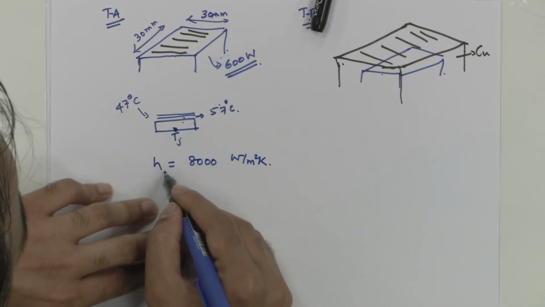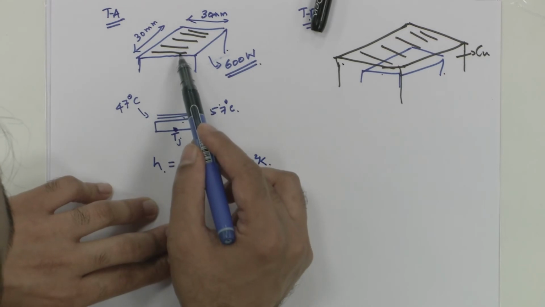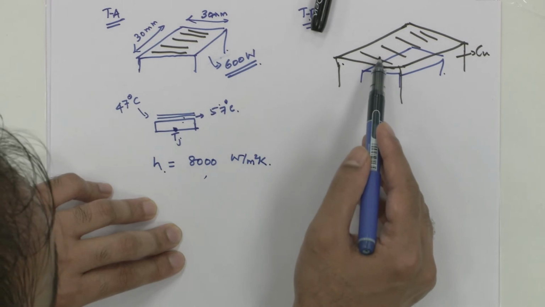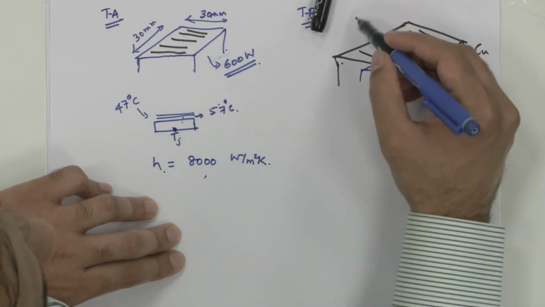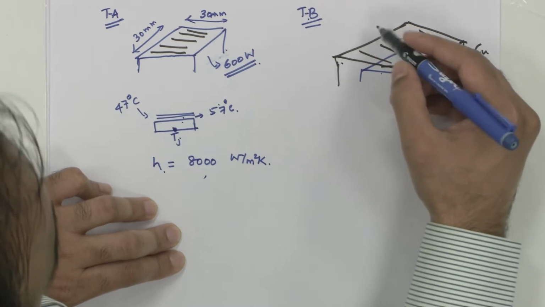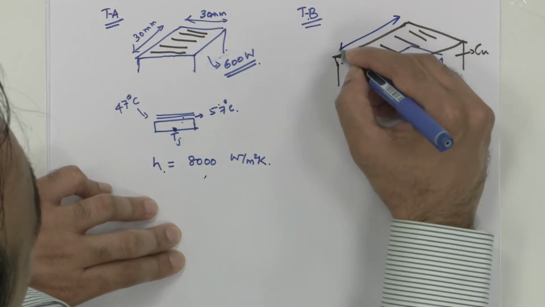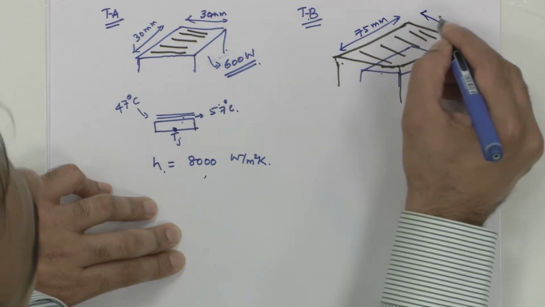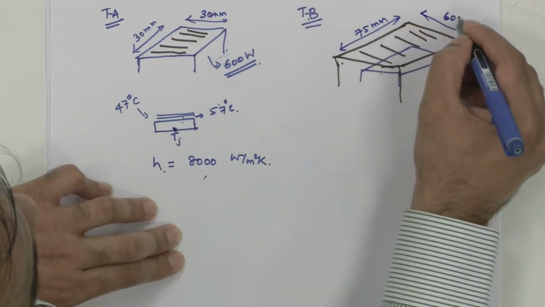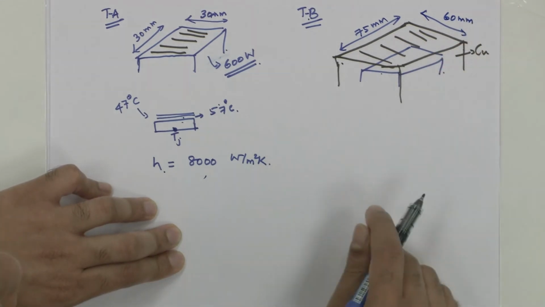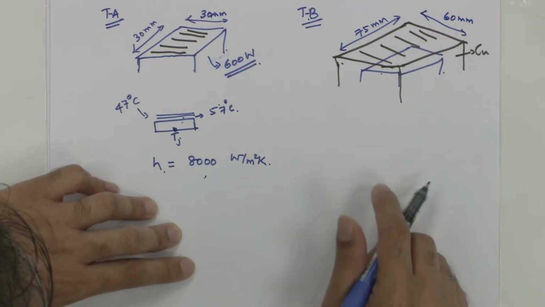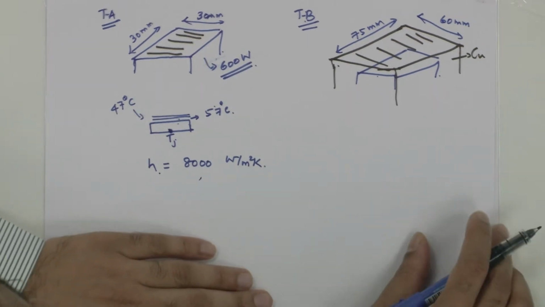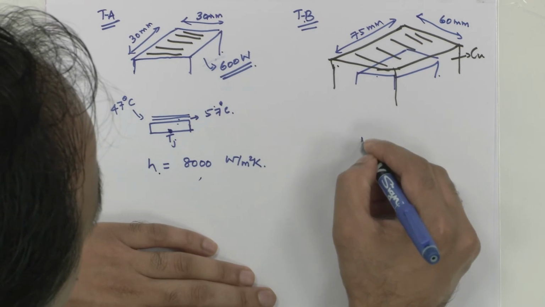So, heat transfer coefficient when you enable the microchannels on the silicon is also 8000, and if you enable it on a copper but on a wider base, this wider base, which is nothing but the heat spreader area, is 75 mm by 60 mm. And we have to first draw the network here.